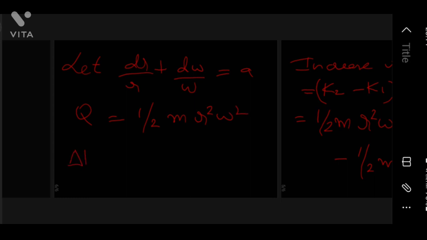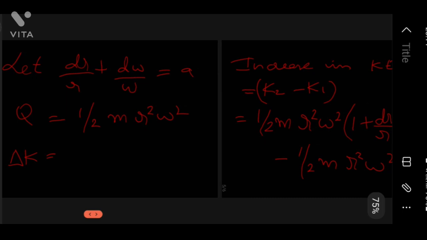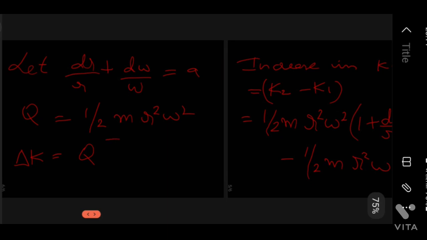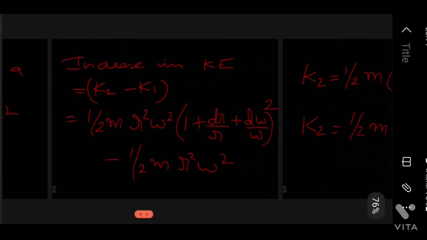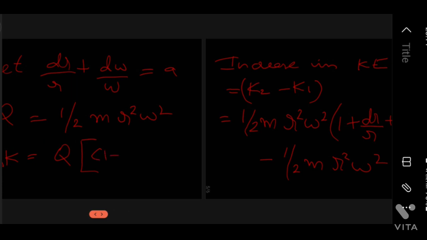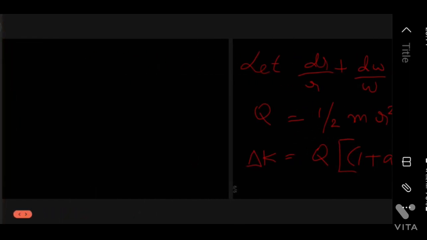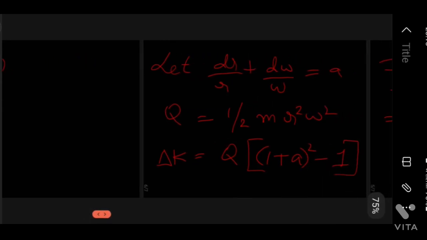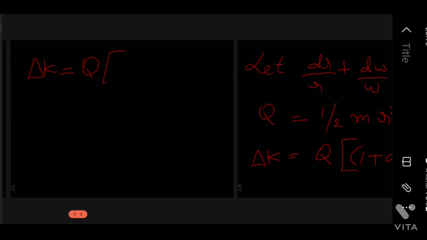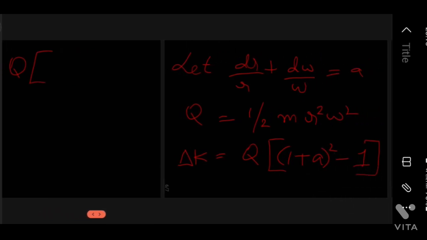So delta K I can write as q times ((1 plus a) square minus 1).